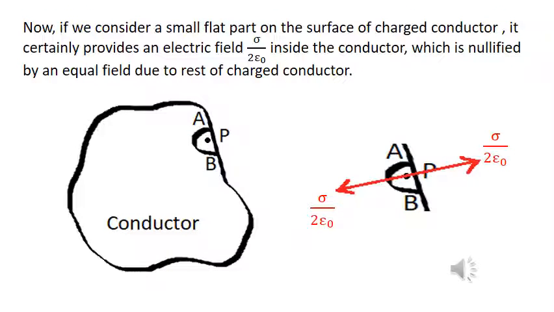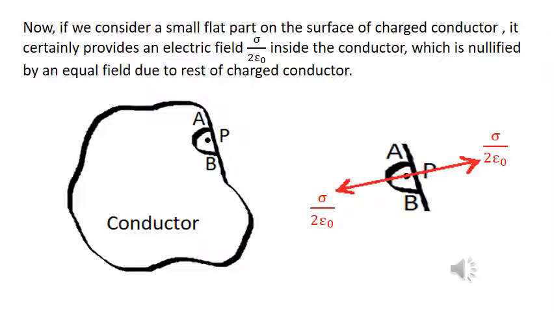Now let us consider a flat part AB on the surface of the conductor. So we can say that there are two parts of the conductor: first is AB and second is the rest part of the conductor. Consider a point P just below the surface, inside the conductor.